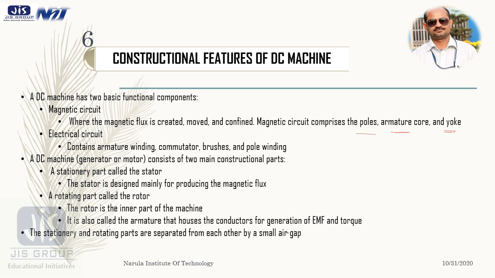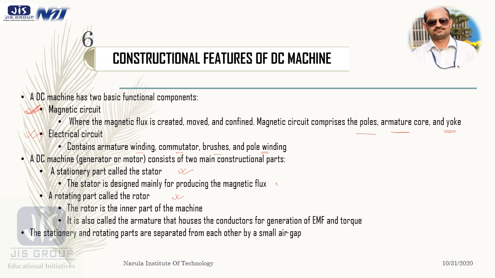It consists of some parts from the stator, some parts from the rotor. So one is the magnetic circuit. Another one is the electrical circuit, which contains the armature winding, commutator, brush and pole winding. Okay, and based on these two things, the classification has been done: stator and rotor.